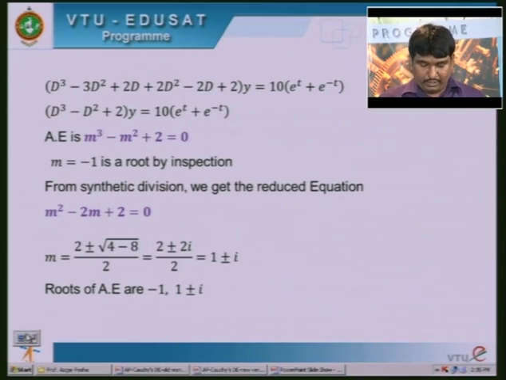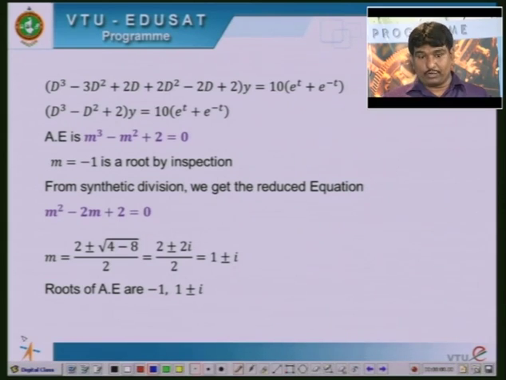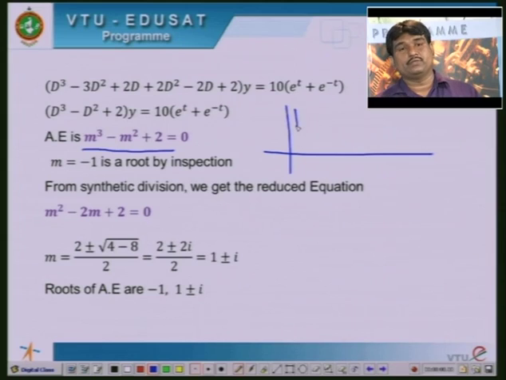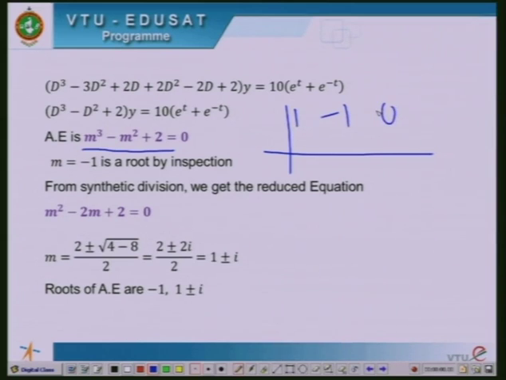Now I have to find the remaining roots using synthetic division. I will write the coefficients. The coefficient of m cube is 1, the coefficient of m square is minus 1, the coefficient of m is missing, which is 0, then the constant term 2: 1, minus 1, 0, 2. The root is m equals minus 1.